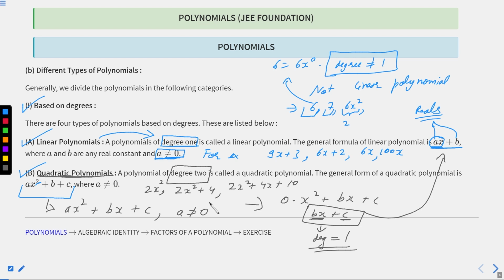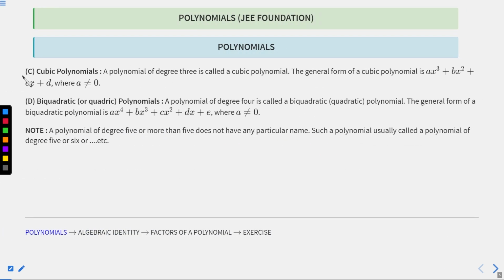Let's move to next. Now the cubic polynomials. As the name suggests, cubic means the degree must be 3. If a polynomial has degree 3, we call it a cubic polynomial. In general, a cubic polynomial will look like ax cube plus bx square plus cx plus d, where a cannot equal 0.